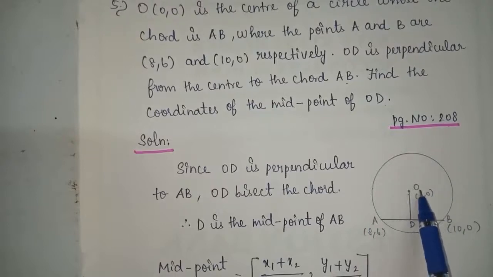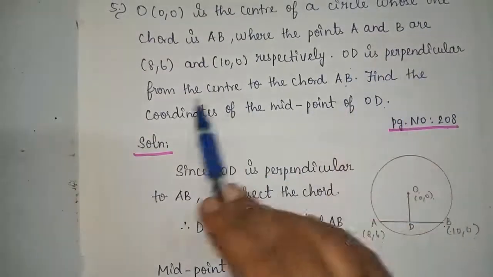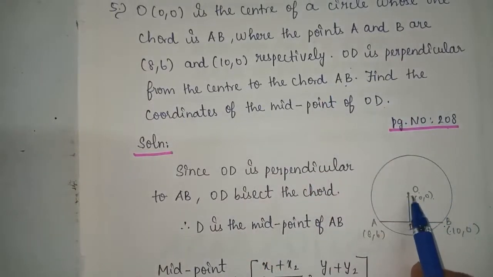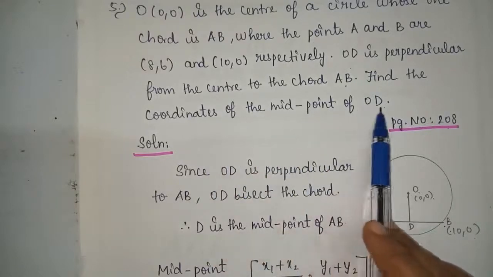O is the center of the circle, 0, 0, and AB is the chord. So A and B values are given in the question: 8, 6 and 10, 0. Then OD is a line perpendicular from the center to the chord. So OD is perpendicular to the chord AB. You have to find the coordinates of the midpoint of OD.